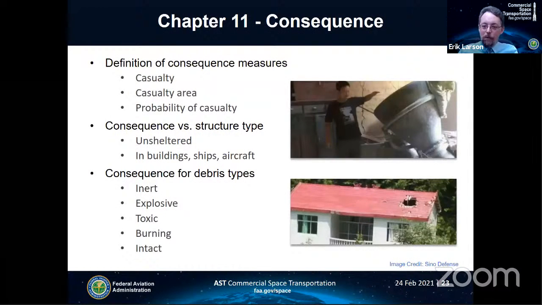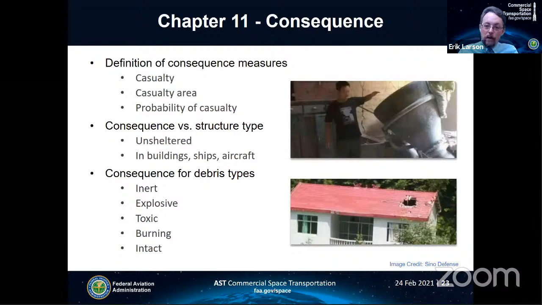There's a lot of work that's been done here on consequences. First, it defines what the consequence measures are. What is a casualty, which is based on the AIS level 3? What is casualty area, basic casualty area, effective casualty area? What do those mean and how are they used in the analysis?